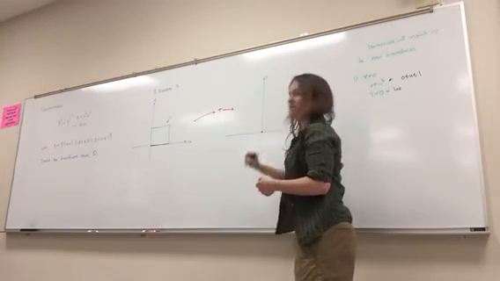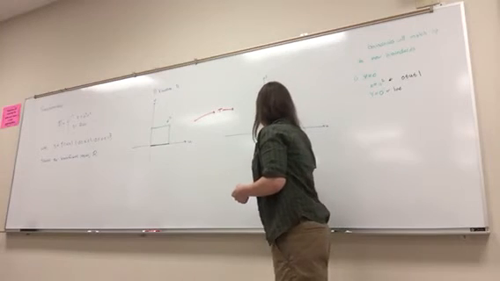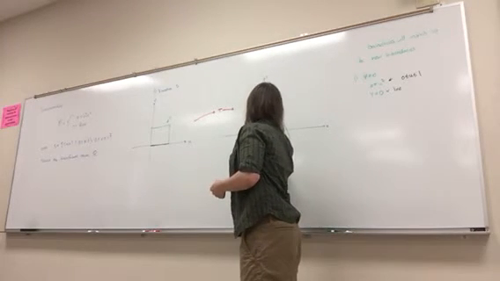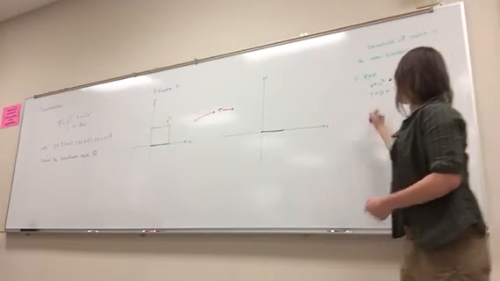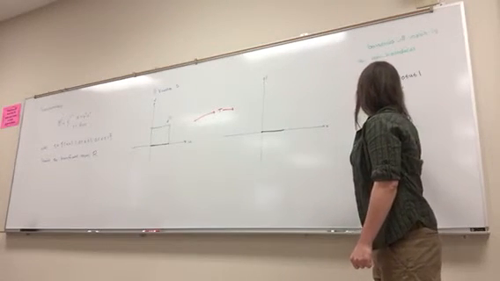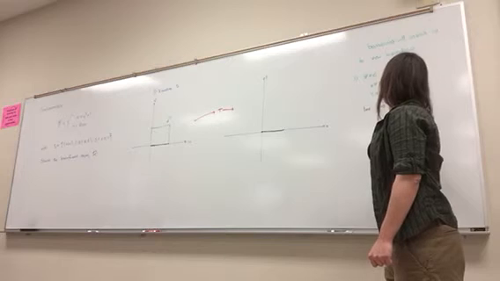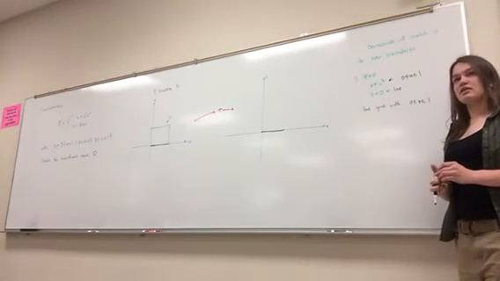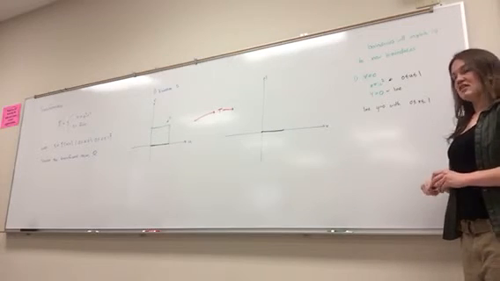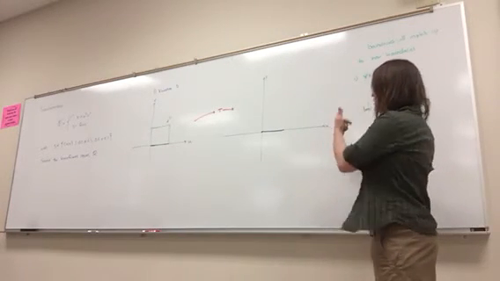And what's the largest it could be? 1. And so all I'm going to get here is that right there. So I get the line y equals 0 with x between 0 and 1. Okay, same thing. We got one of our boundaries, right?